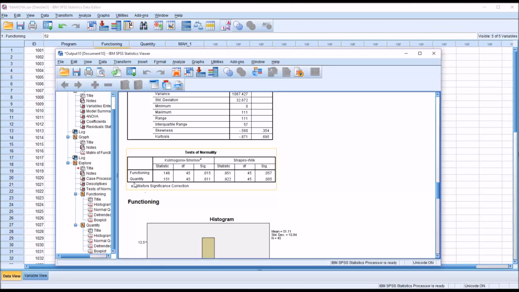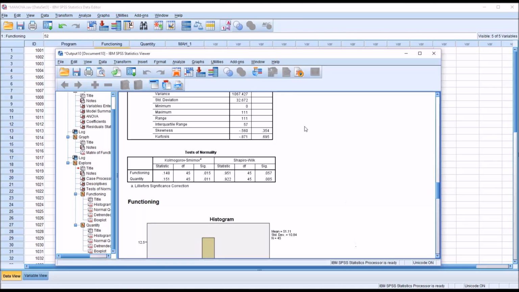So we can see that we are violating an assumption here. Potentially, again, this is multivariate normality that we're supposed to be testing, and I'm testing univariate normality. But we can see that we have to reject the null hypothesis here on quantity, so we do not have a normally distributed variable there, or we're going to assume we don't, and then functioning we do.